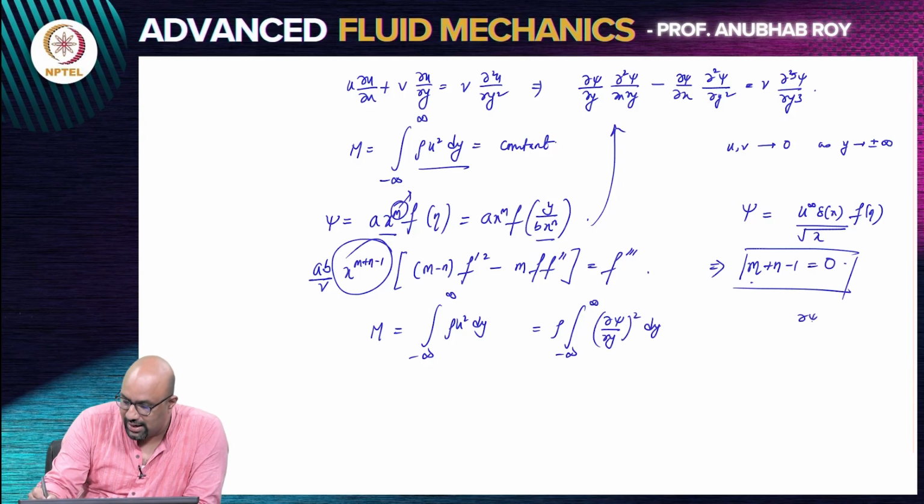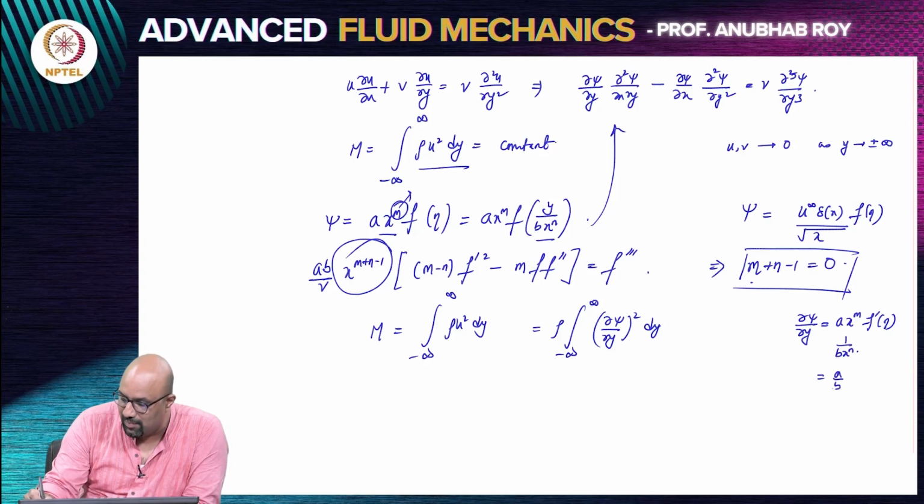Now, dou psi dou y, I can write it as a x to the power m f prime of eta and then d eta dy, correct? d eta dy will be 1 by b x to the power n.